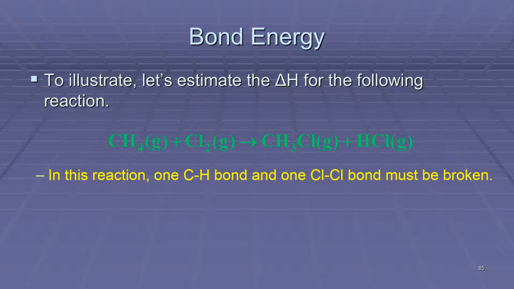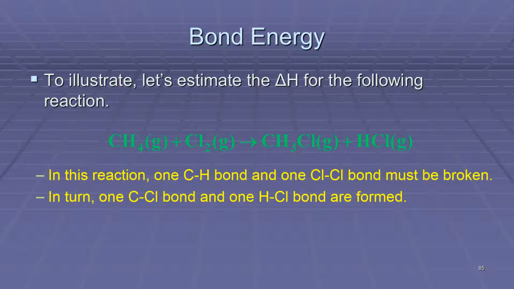However, 3 out of the 4 C-H bonds are still in the product, so actually only 1 C-H bond is broken and a Cl-Cl bond is broken. Then 1 C-Cl bond is formed and 1 H-Cl bond is formed.